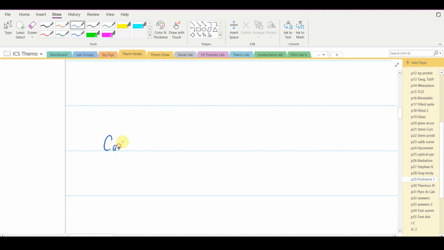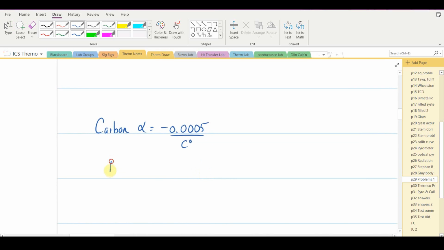So for carbon, its temperature coefficient is negative 0.0005 per Celsius degree. And the resistance of carbon at 0 degrees C was 240 ohms. And that would be, therefore, R sub 0 is 240 ohms.